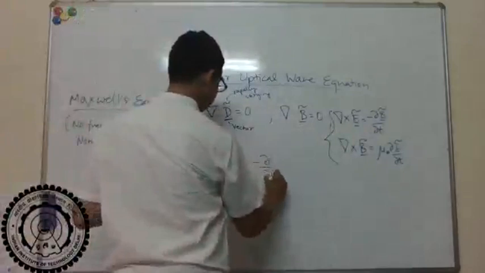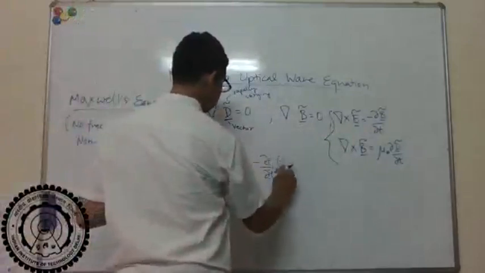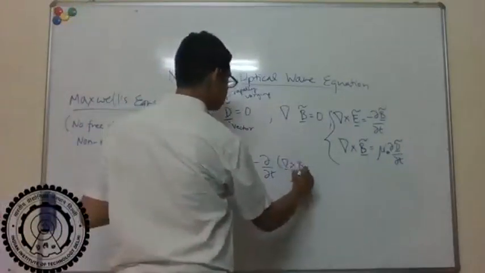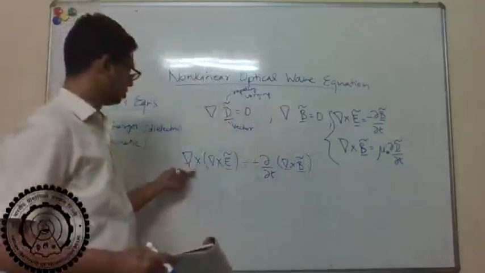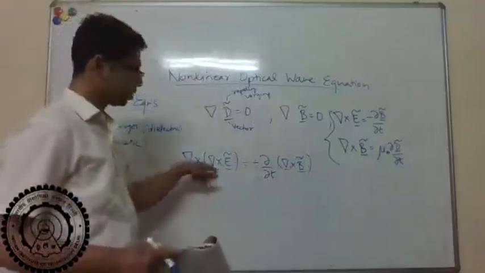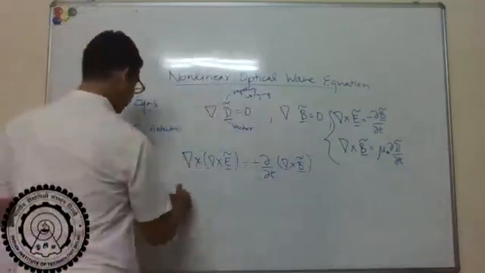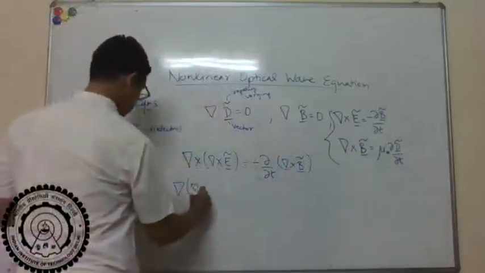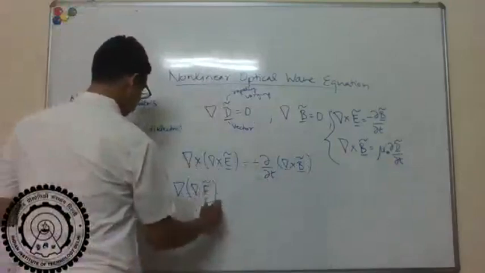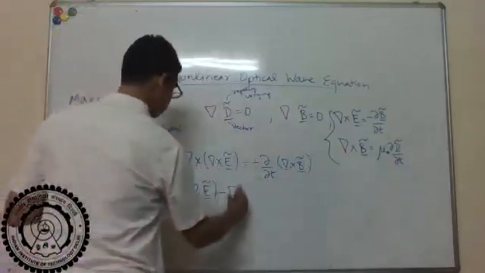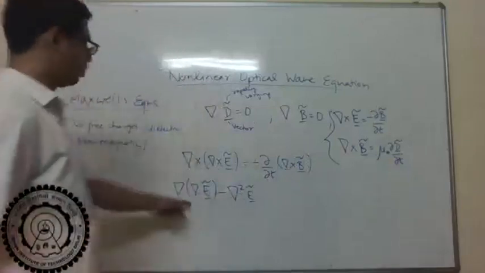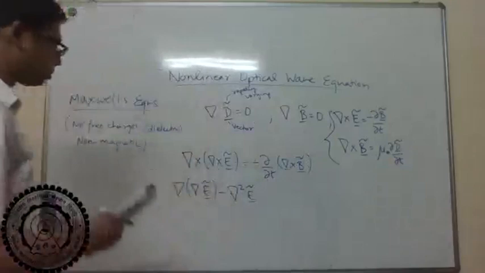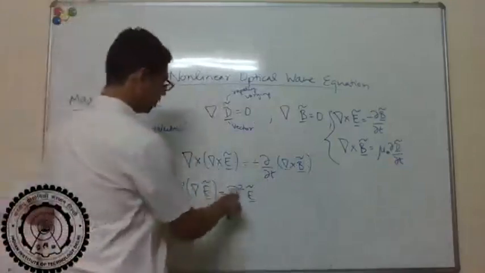So for example, if I take the curl of this del cross E, on the right hand side I have... right. So I use the vector rules here for curl, right? So you get del of del dot E minus del square E. So del square is del dot del, right?